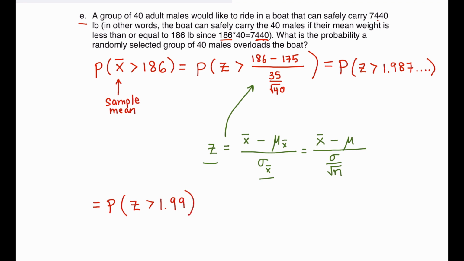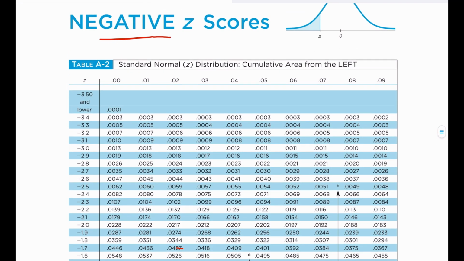And using symmetry, this is equal to the probability that the z-score is less than negative 1.99. And let's use the normal table. So here we are in the negative z-scores for the normal table. And we are looking for the area to the left of negative 1.99.